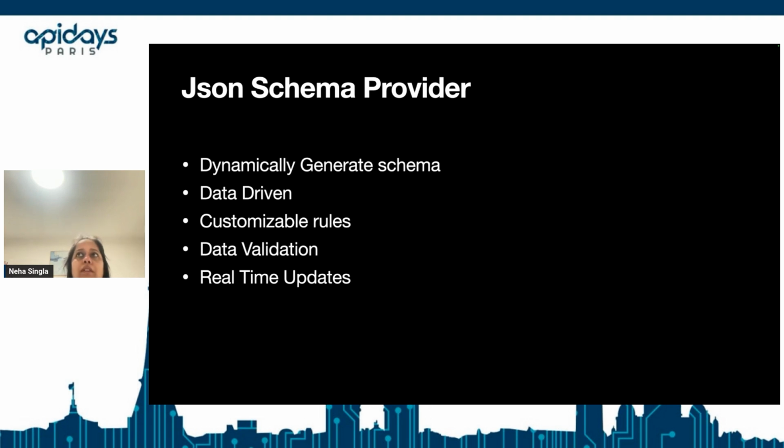As you have seen in the demo, based on the user's selection of different fields on the UI, it decides what to render next. It has data validation and real-time updates, because anything that changes at the user level, let's say access level, is dynamically generated and updated in real time on the user's screen.